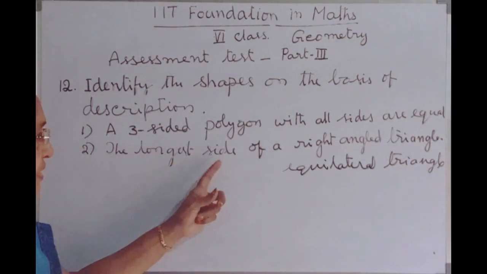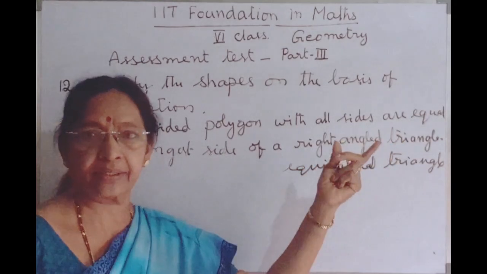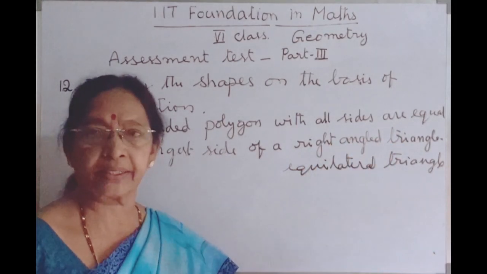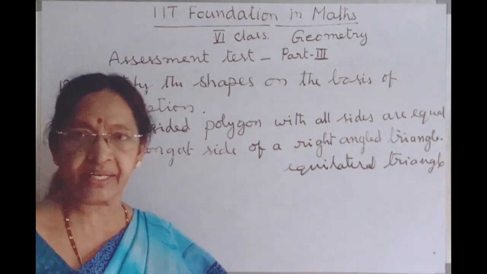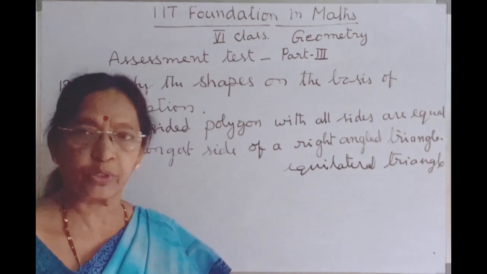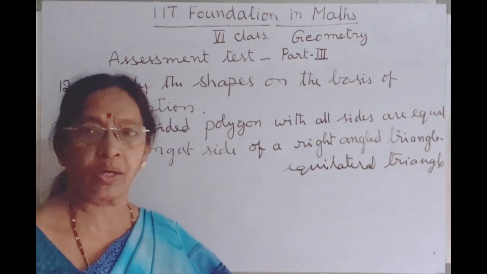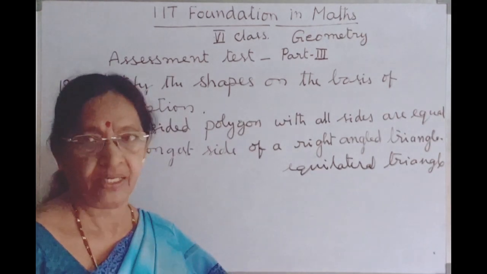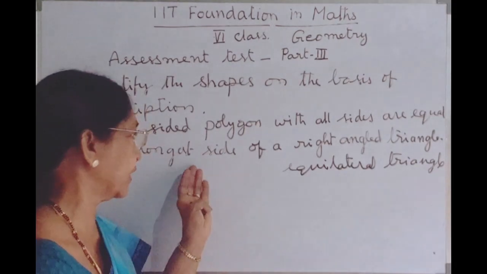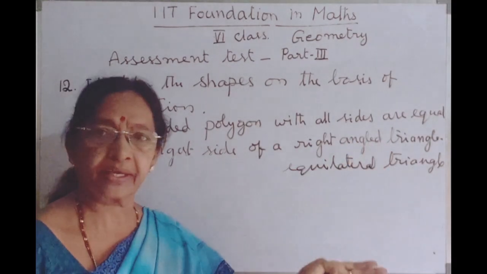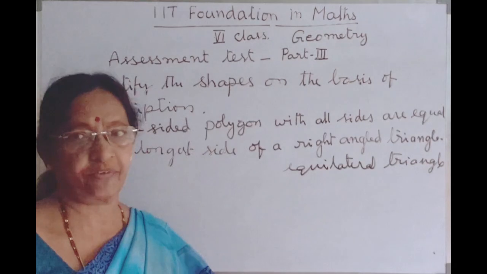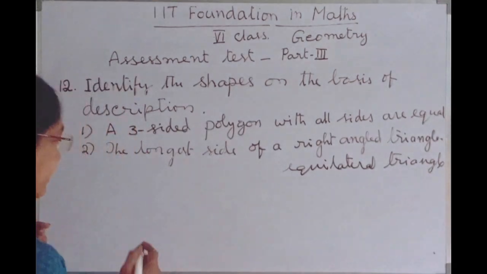Next, the longest side of a right angled triangle. In a right angled triangle, the side opposite to the right angle is called hypotenuse. That is the longest of the 3 sides in a right angled triangle. Therefore, the longest side of a right angled triangle is the hypotenuse. That is like this.